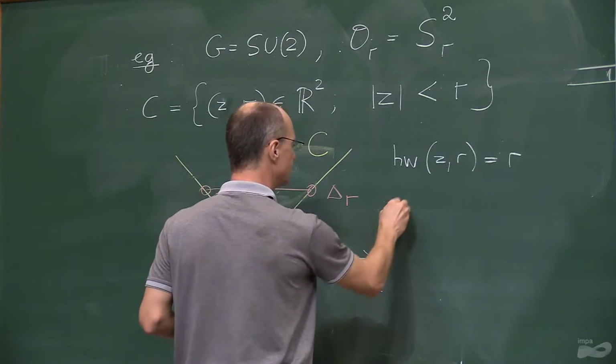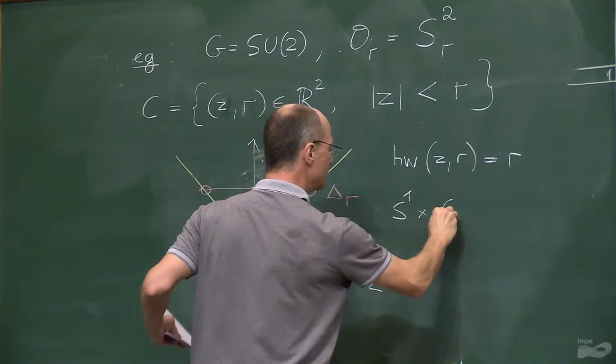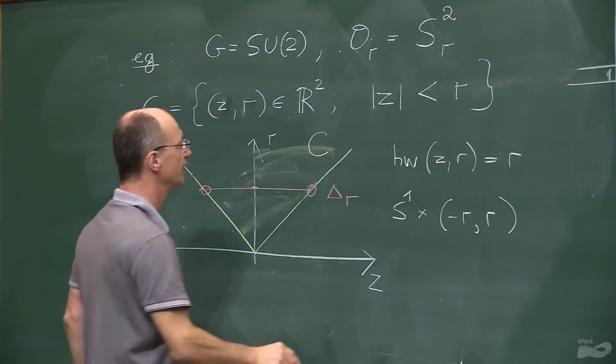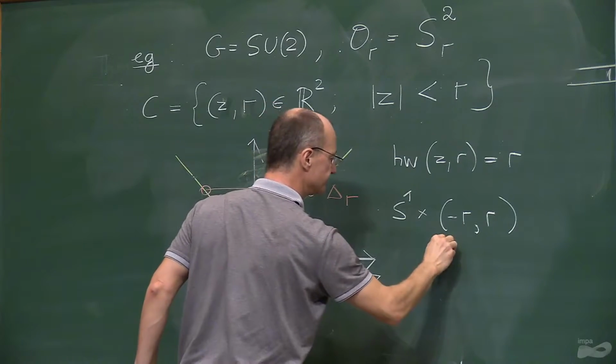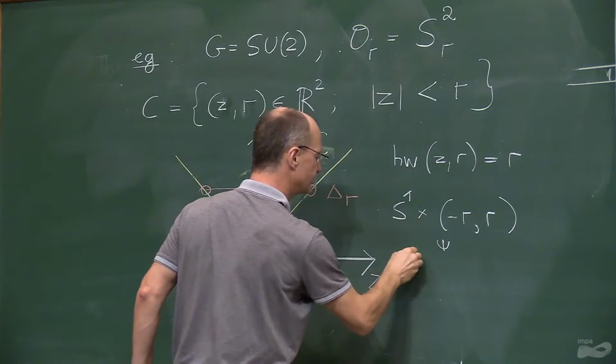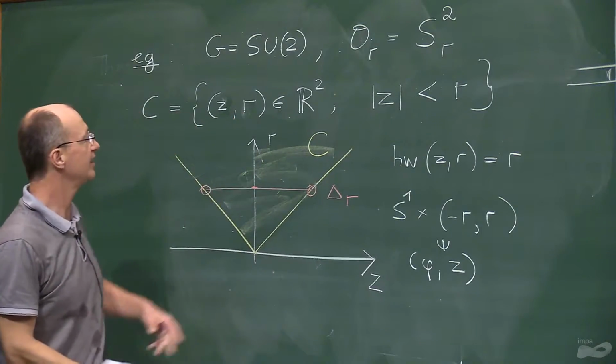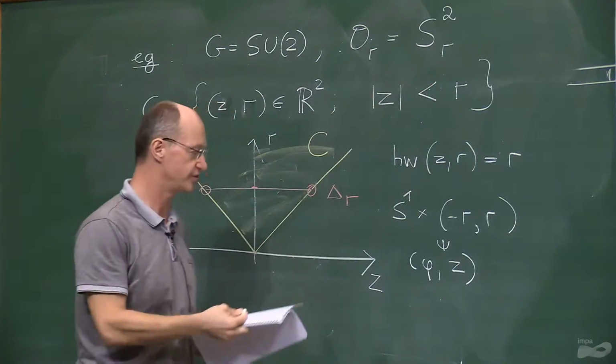So our chart is S1 times this segment, minus R to R. And now I want to map it. So here I have, say, a point phi Z, and I want to map it to the two-sphere.